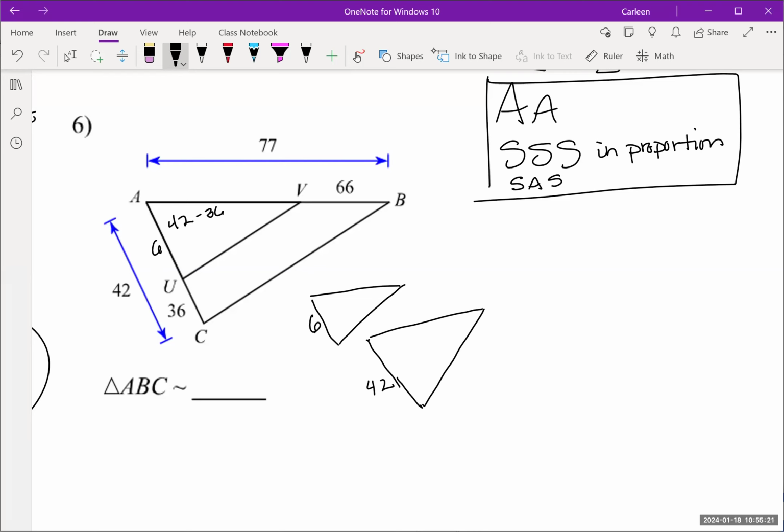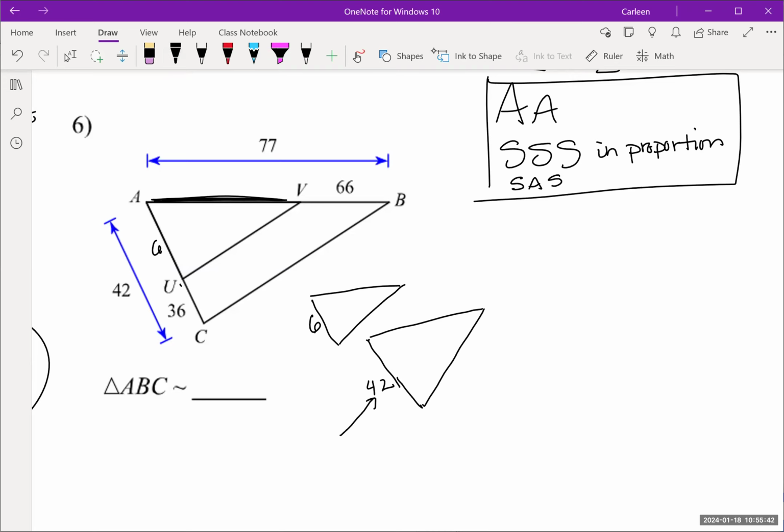So the small one is 6. Do we see why that is 42 and not 36? We're not using 36. 36 is not the edge of a triangle. So I need this right here. Right?